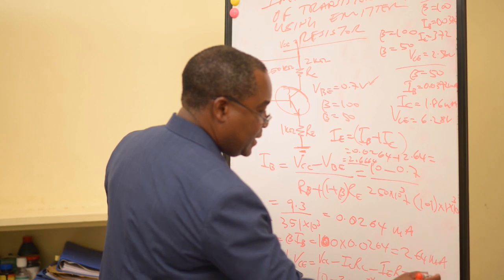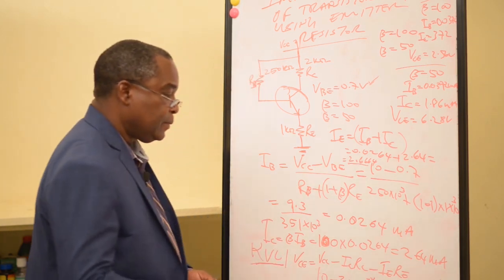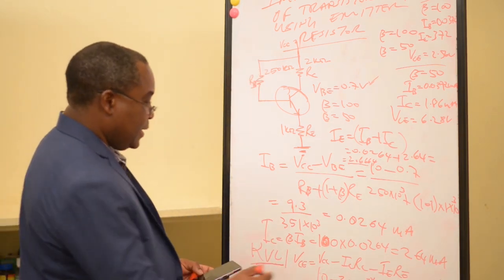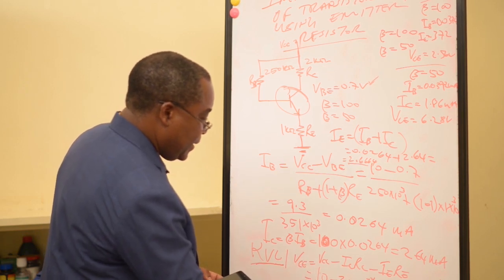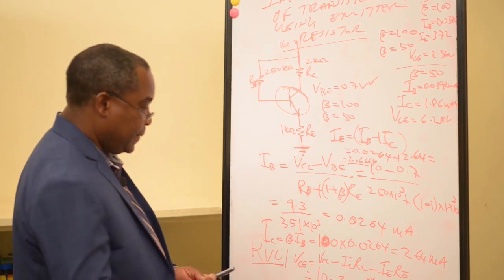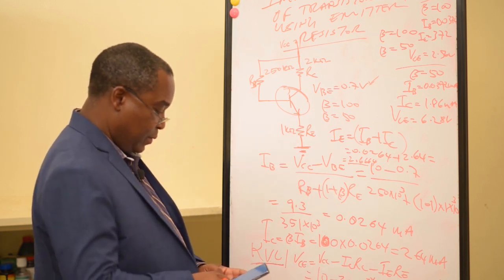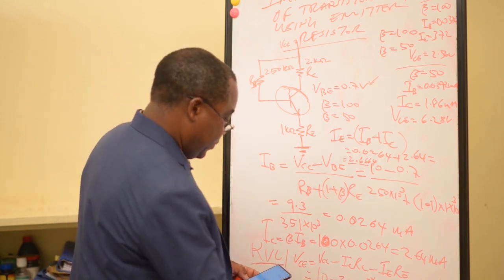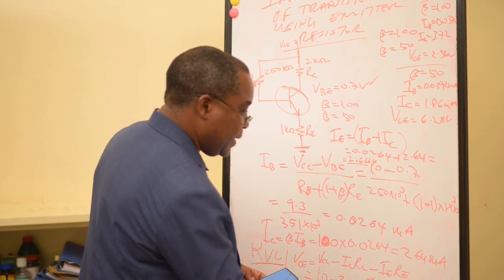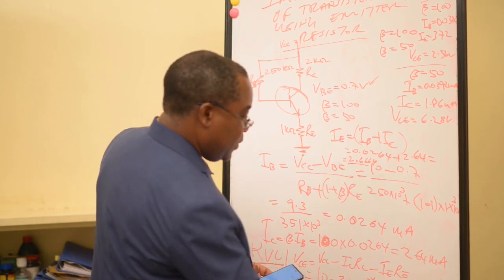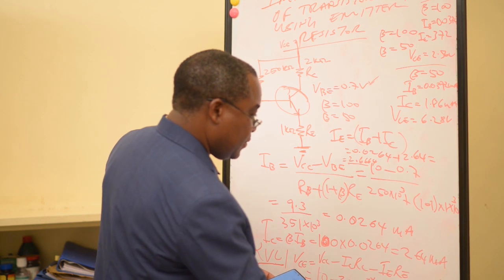So this one will cancel each other. Again, by using just normal algebra here, we take 2.64 times 2, here we have 5.28, minus that one, 2.6664.